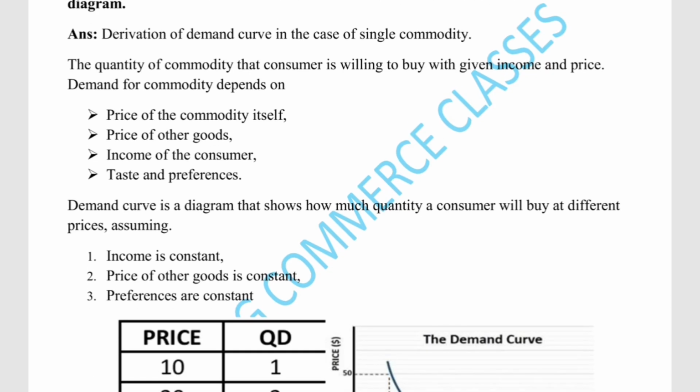Now, a demand curve is a diagram that shows how much quantity a consumer will buy at different prices. So the demand curve shows the consumer purchasing the commodity at different prices. We have different prices and a single commodity that the consumer purchases.